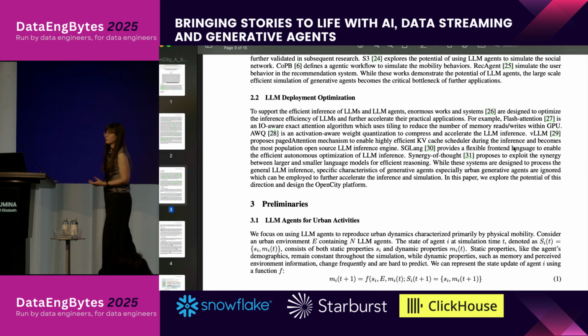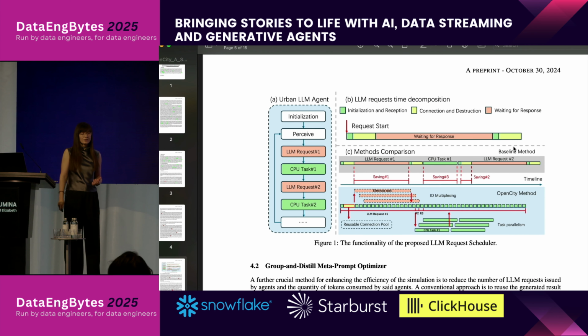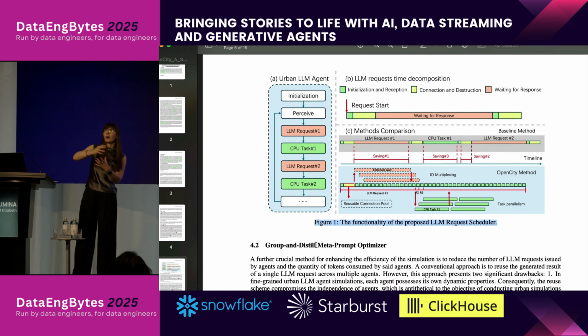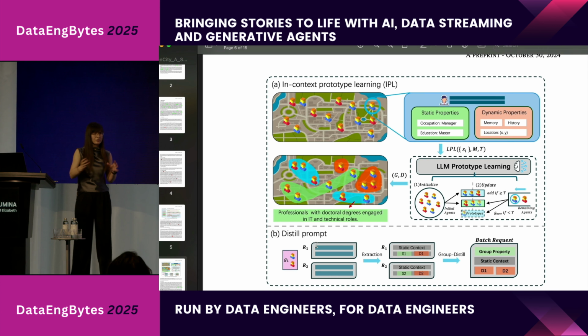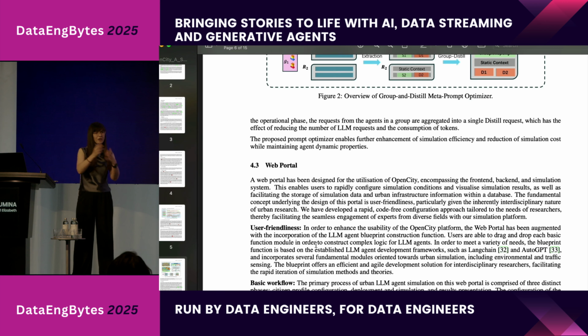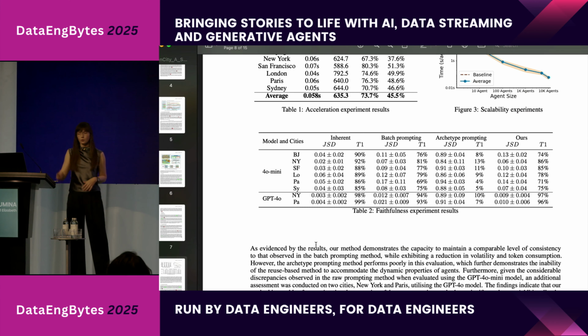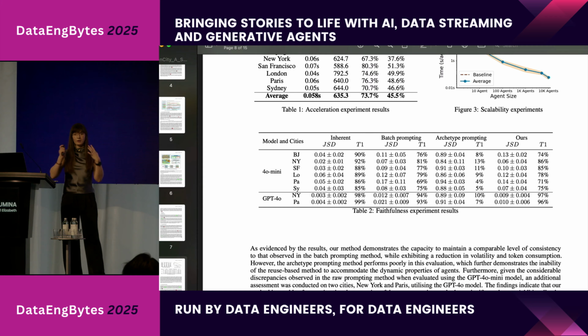But once you try to simulate something with 10,000 entities, it gets really complex. So they created a request scheduler to put together a lot of prompts for similar activity, for similar agents, so that they save on the number of prompts they need to send to LLMs. Anyway, it worked. Pretty interesting approach if you have a lot of agents.